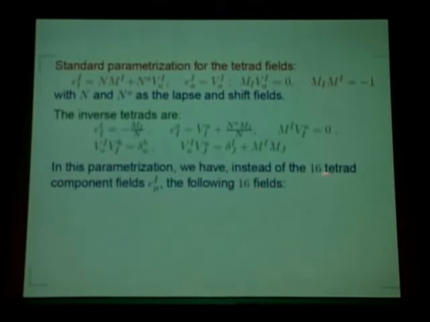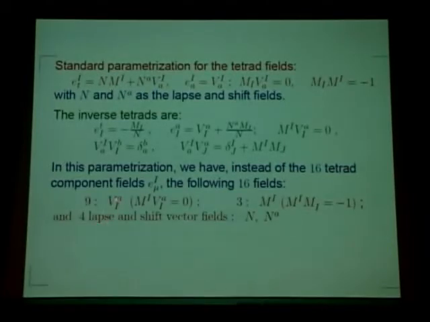In this parameterization, instead of 16 tetrad components, we have the following 16 fields. 9 V^I_A's, where A runs over space labels and I is the internal space, with the constraint that with a time-like internal space vector this is 0, so there are really 9 independent variables here. There are 3 independent variables in the M^I vector and 4 variables here, 1 lapse and 3 shift vectors.